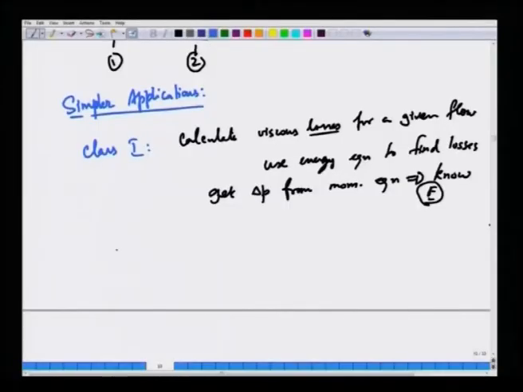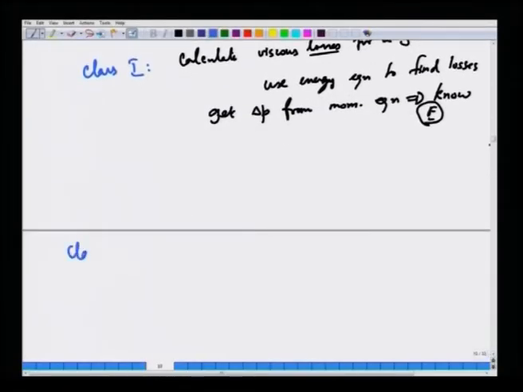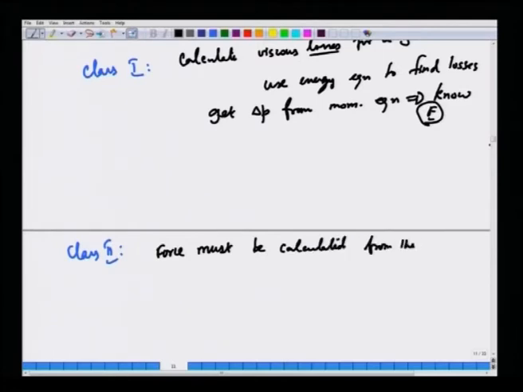Okay. Now, the second class of problems will involve force, which must be calculated from the momentum balance. Essentially, the question posed is: calculate the force for a given flow.